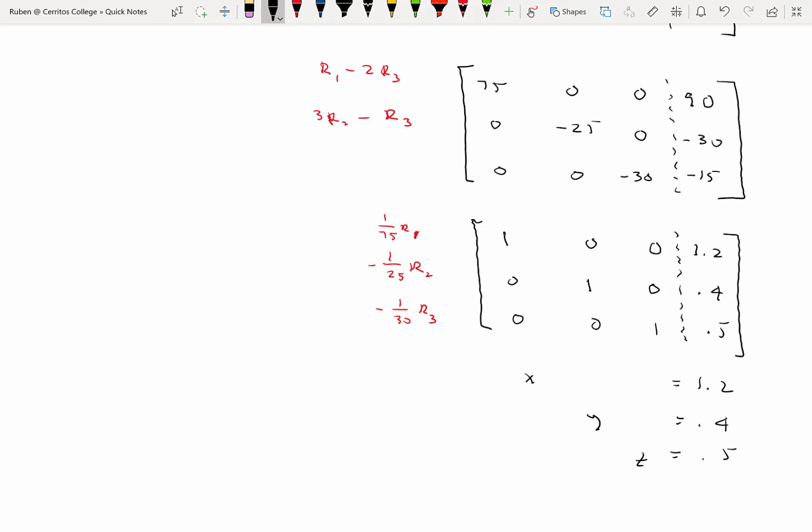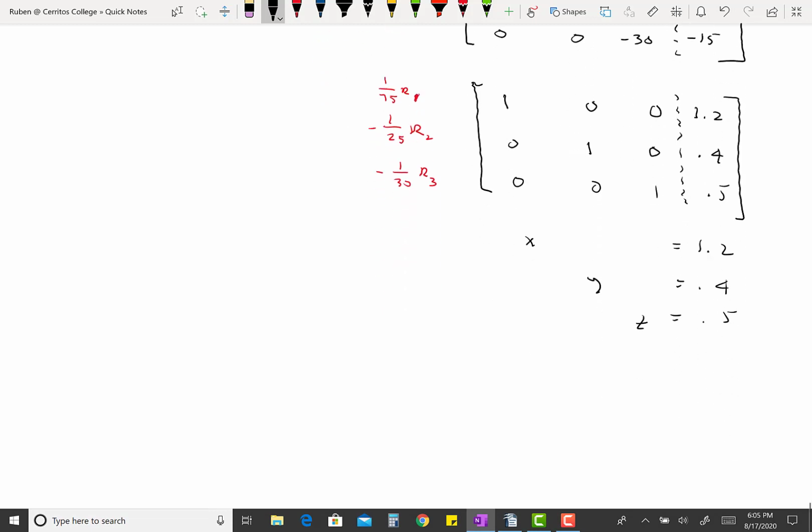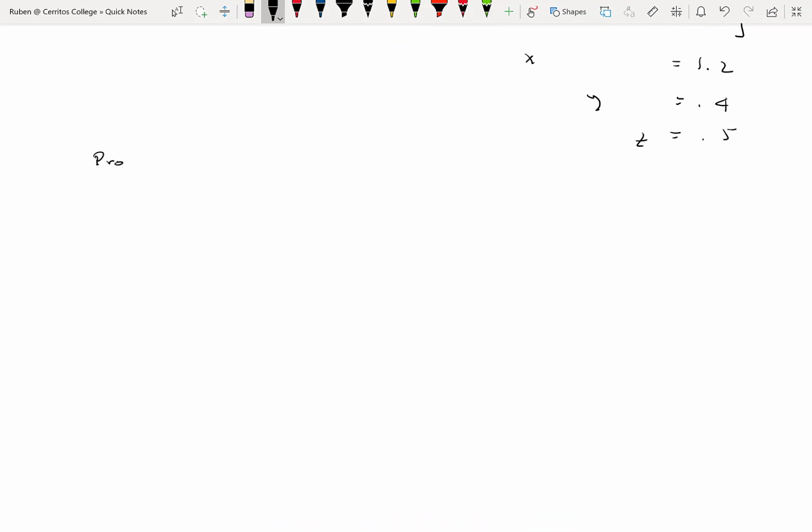The problem is, and it's kind of a big problem, but it's not one we can't get around. The problem is, it isn't always possible to get that nice final matrix. Here, I'll write this out.